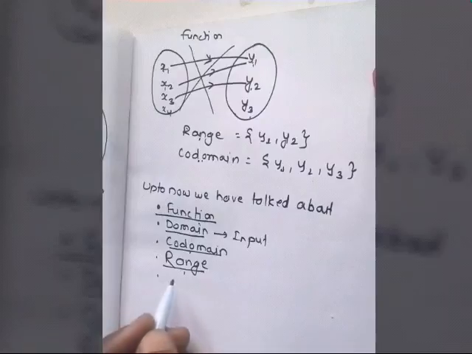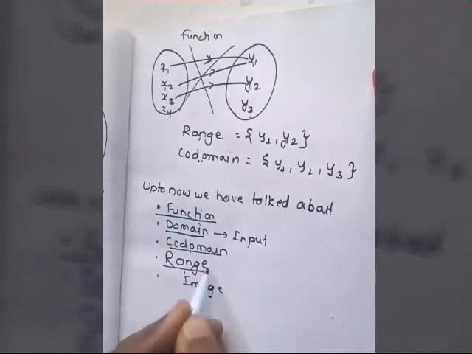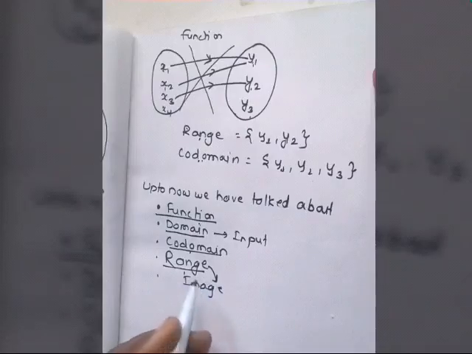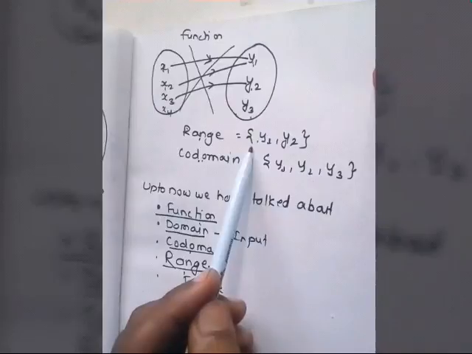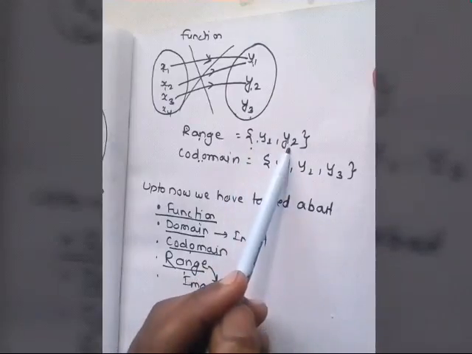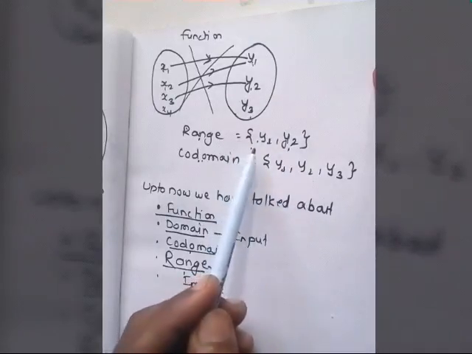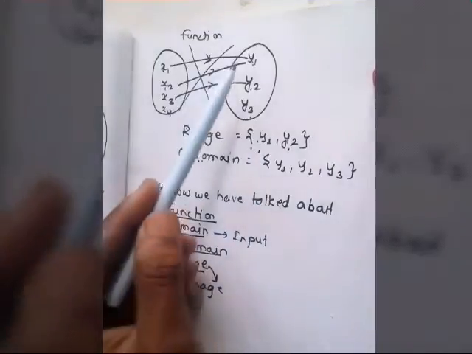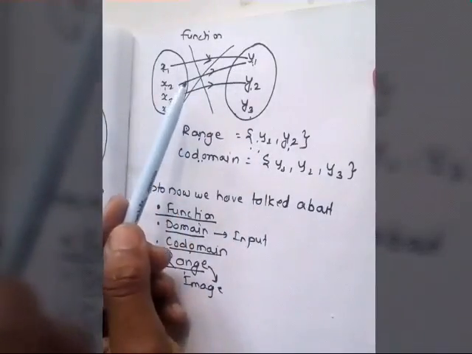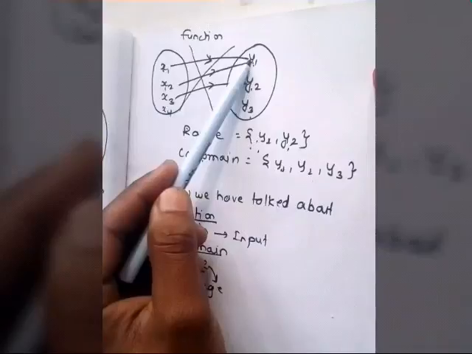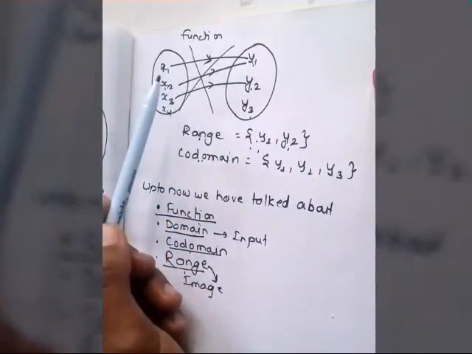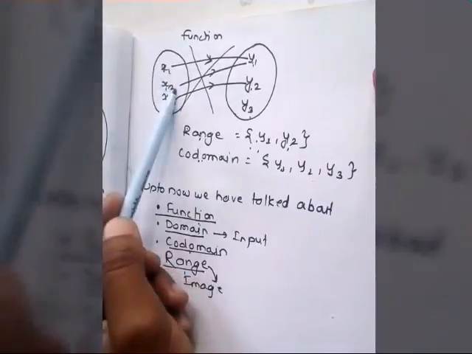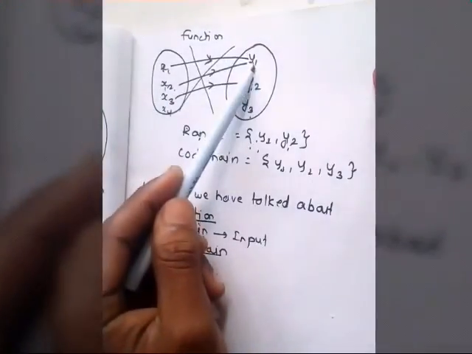Next we talked about the image. Each member of the range is an image. For example, in the above example, y1 is an image and y2 is also an image. If you see in the diagram, though I have made it messy, y1 is the image of x1 and x2, or you can say x1 and x2 are the pre-images of y1.